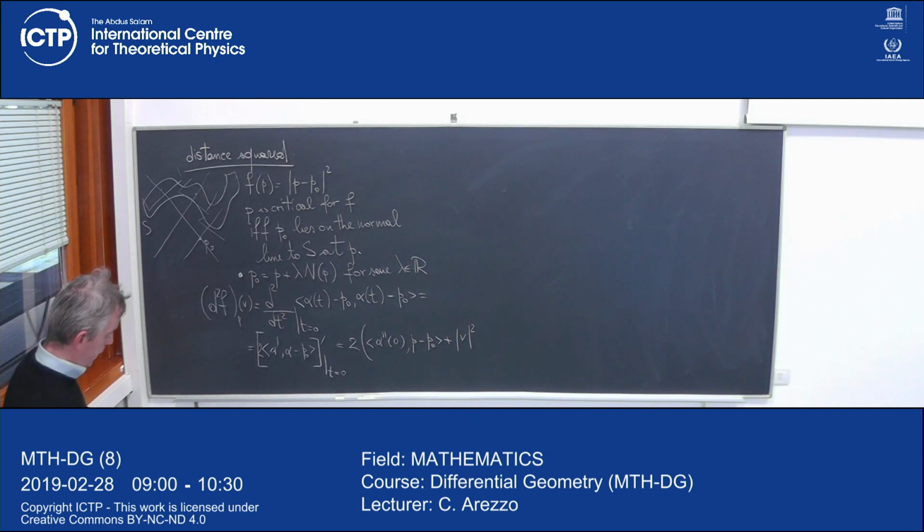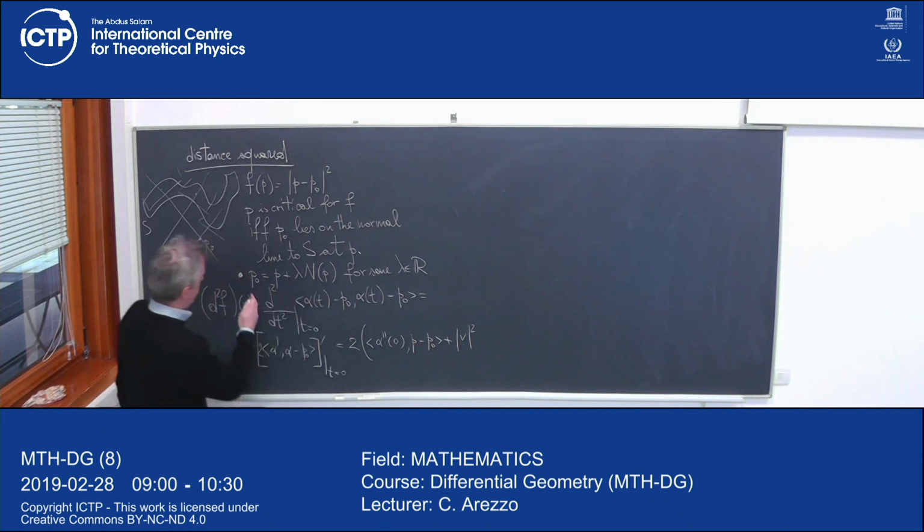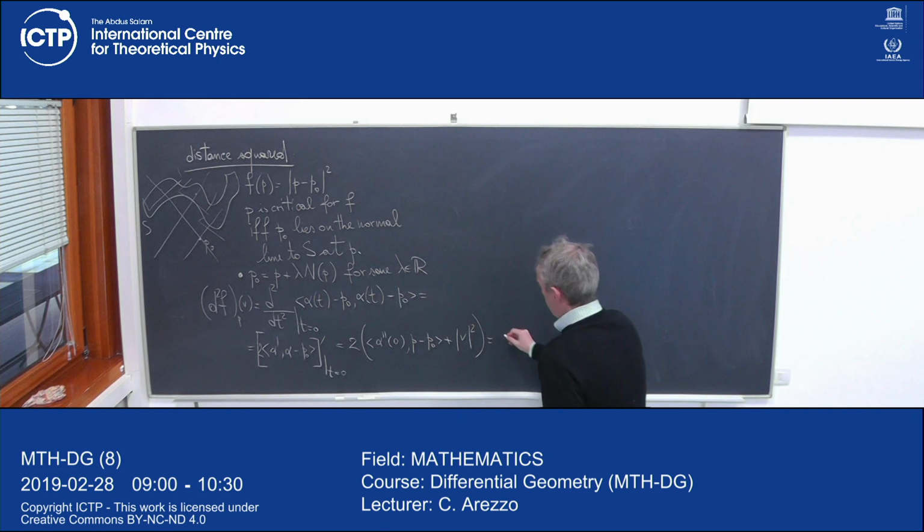But now I can take P minus P naught. I have something which tells me what it is. Okay, I can use the critical point equation. So P minus P naught is minus lambda n. Okay, so let me rewrite this as twice times V squared.